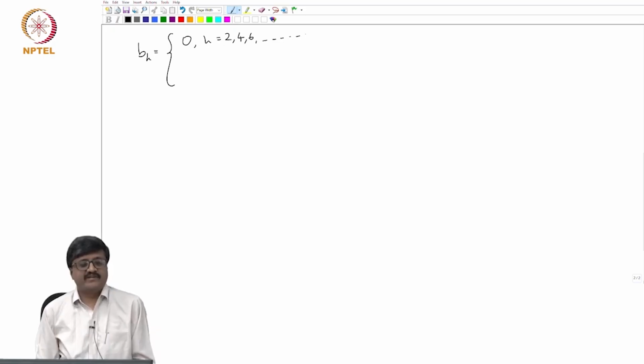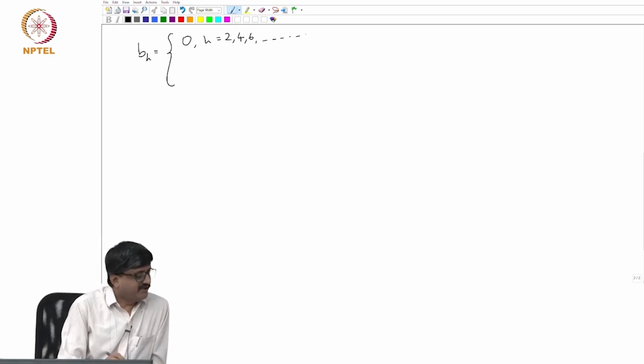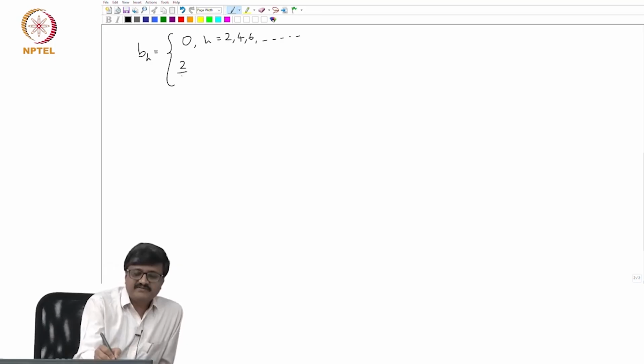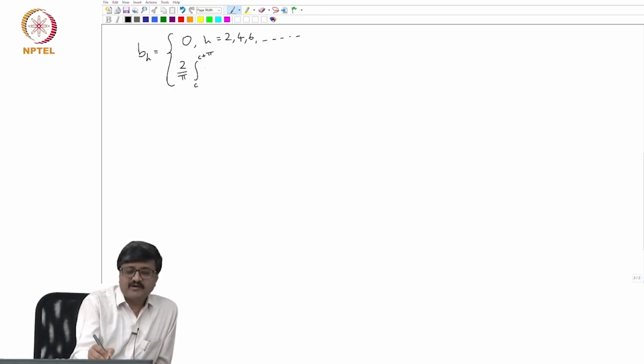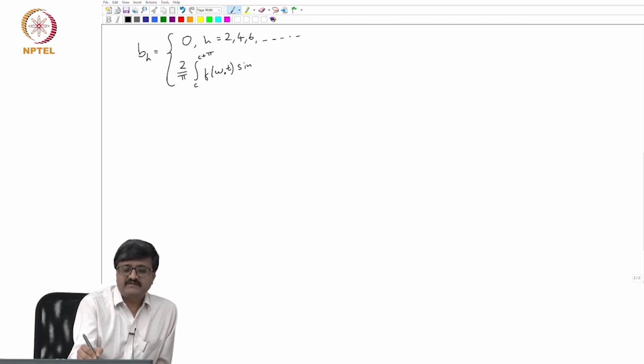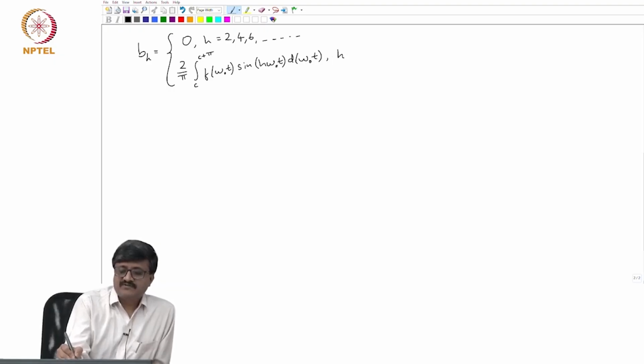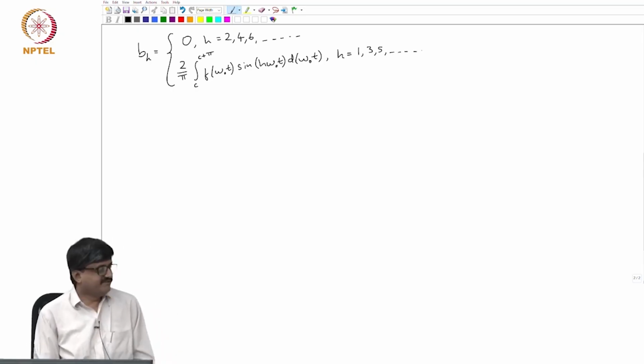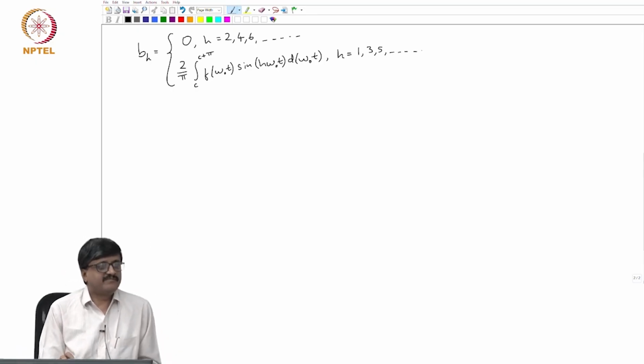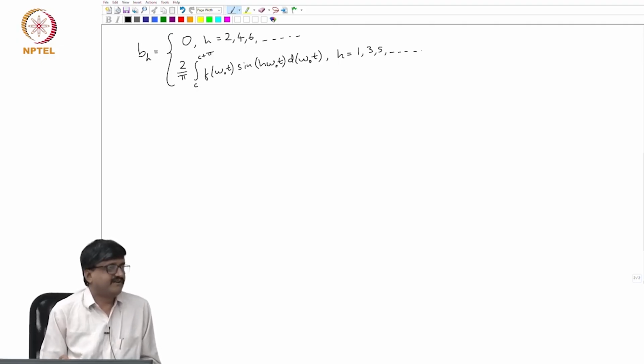So, again for all the even values of h, b h is 0, and for odd values of h, it is 2 by pi integral from any arbitrary constant c to c plus pi f of omega o t sine of h omega o t d omega o t. So, this is applicable for h equal to 1, 3, 5, and so on. So, we see that only odd harmonics are present if there is half wave symmetry.